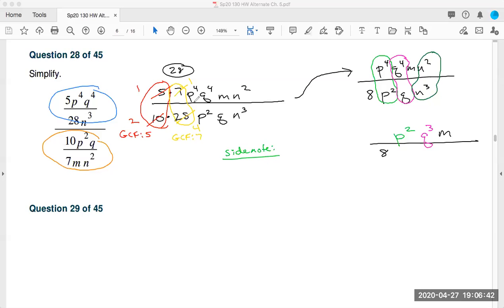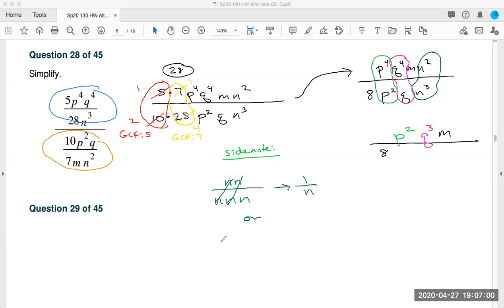So we have n times n up top. We have n times n down below, so cancel, cancel. And we have 1 over n left over. Okay, so that tells you where the n should go.